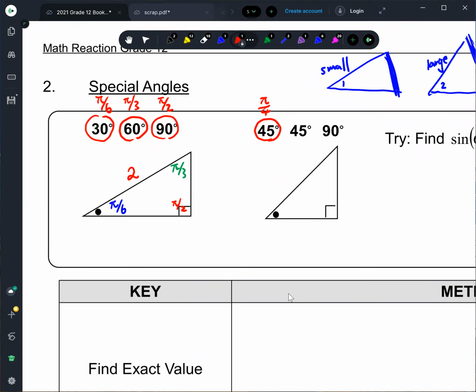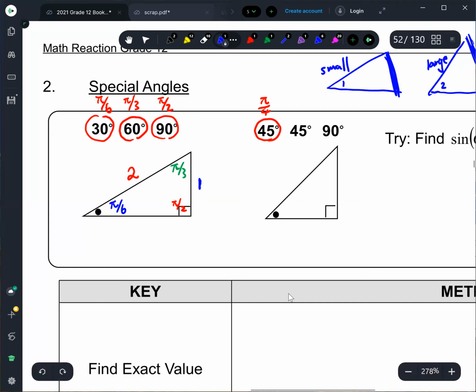Okay, and then the smallest angle is pi over 6. So the side opposite to it will be 1, right? 2 is bigger than 1, right? And then for the last one, you could use the Pythagoras, okay? Then you will figure out the middle side, right? The middle length will be √3.